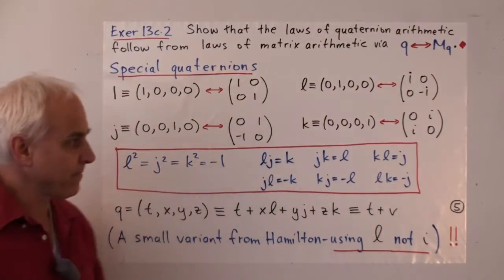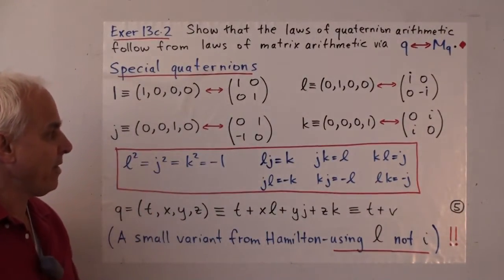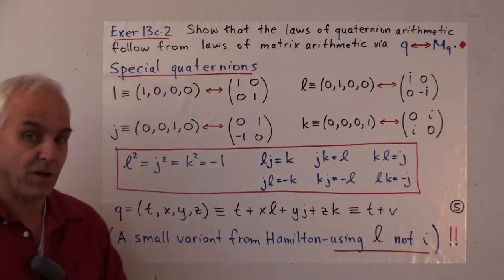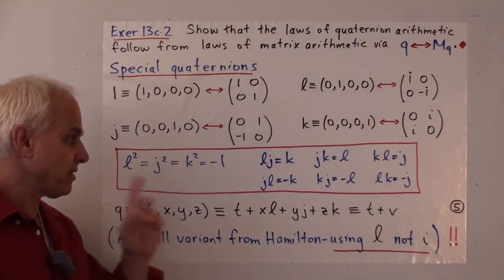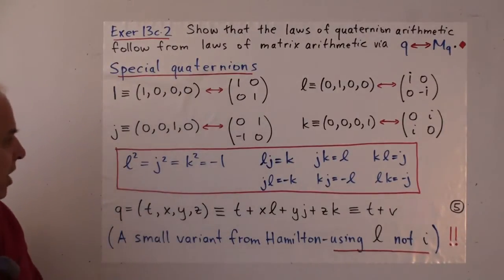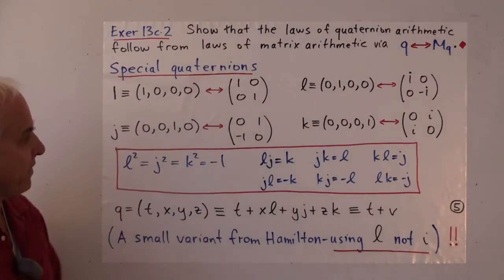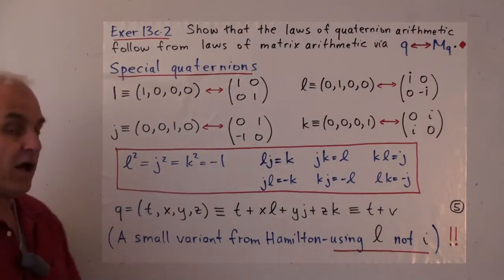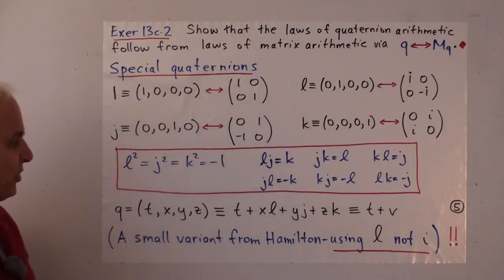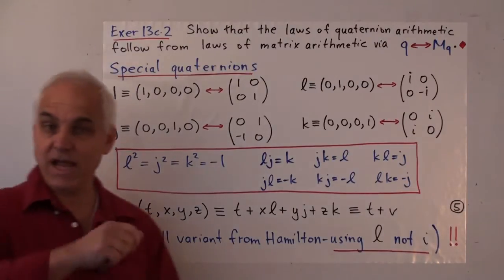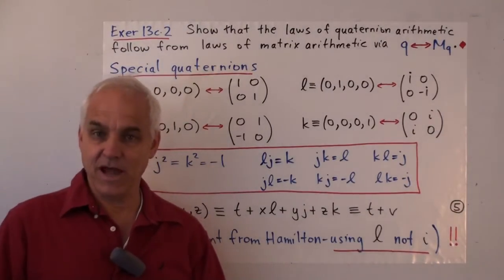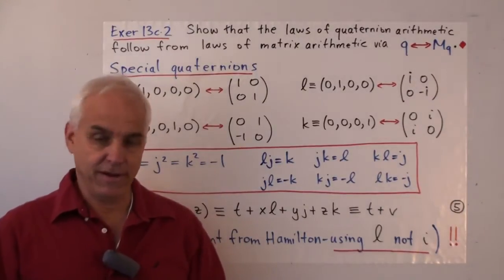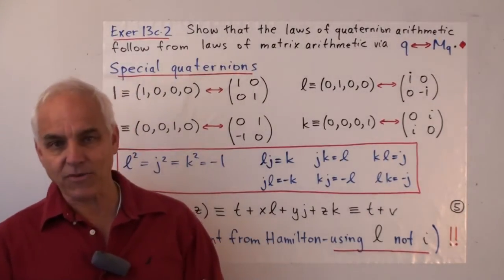It's a bit of a departure from Hamilton's original notation, but there's much to recommend it. All right, so now in terms of these things, here are the laws of quaternionic multiplication that Hamilton wrote down with his knife on this bridge in Dublin in 1843 when he was walking with his wife.